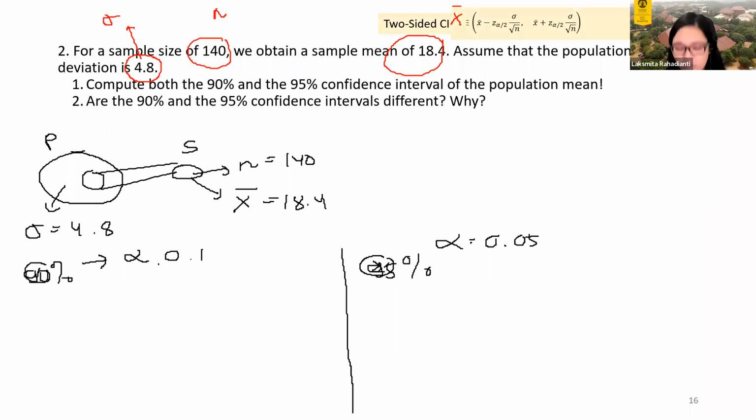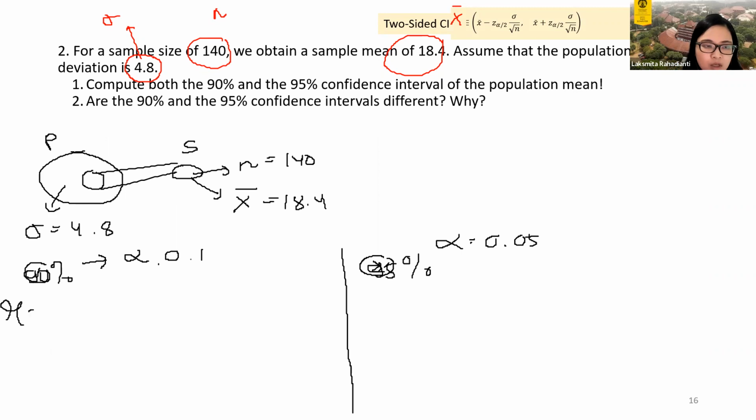Okay. So what I want to do now, where's my slideshow? There it is. For the 90% one, I'm going to use that equation using the alpha that I have. So I'll just plug in the values.